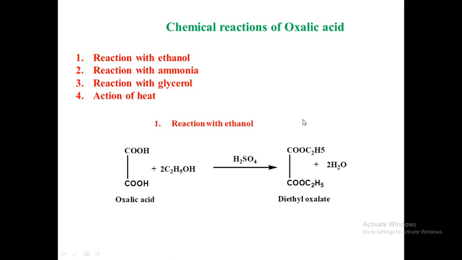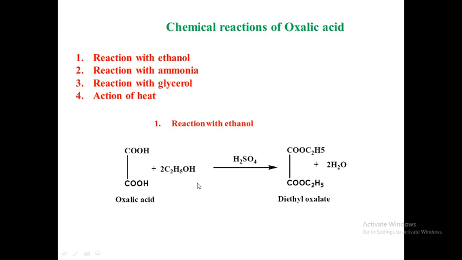Number one is reaction with ethanol, that is esterification. What is meant by esterification? Esterification means when a carboxylic acid containing compound reacts with alcohol, ROH, in presence of acid to form an ester, that is RCOOR. This reaction is called esterification.